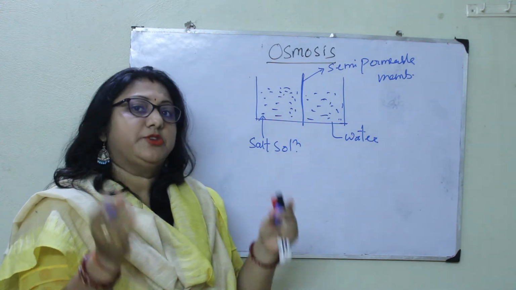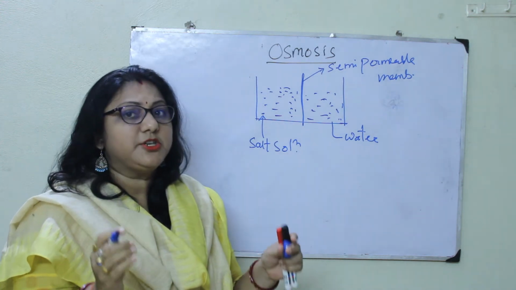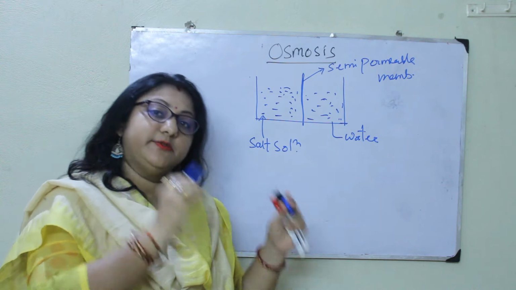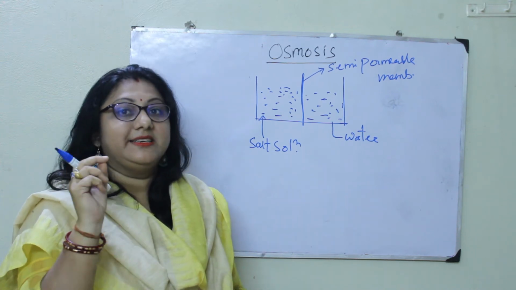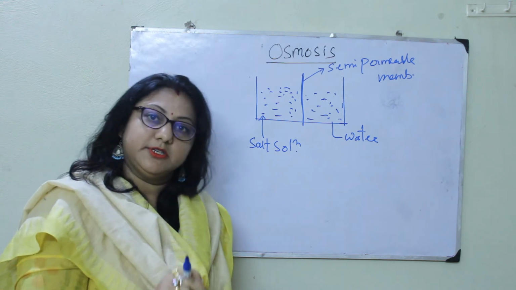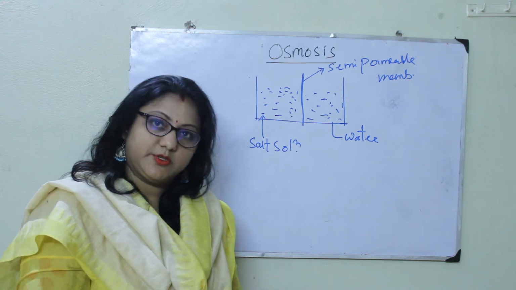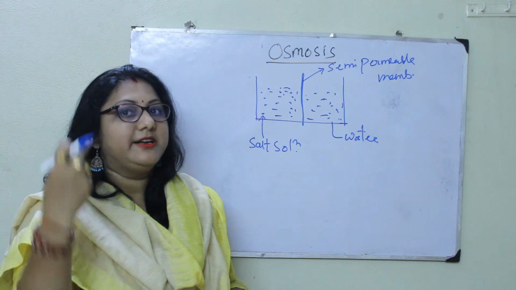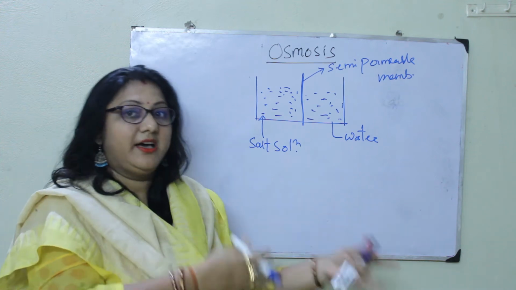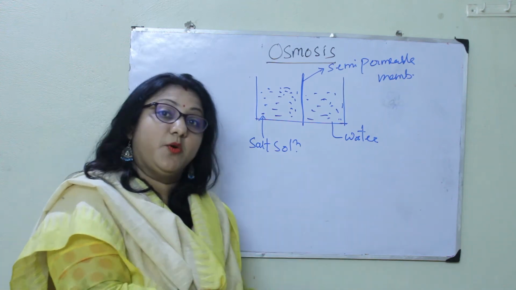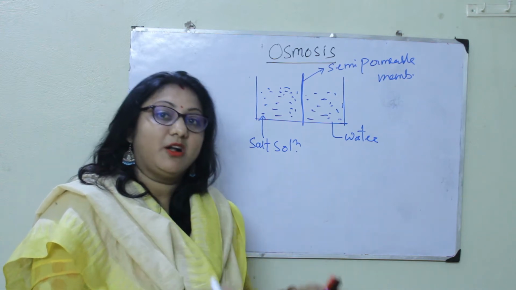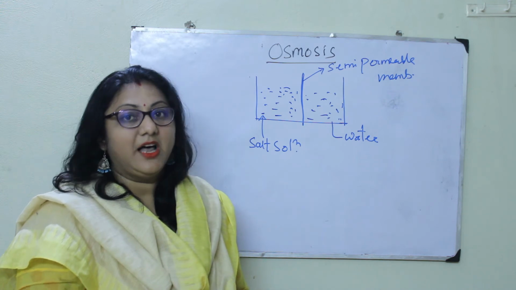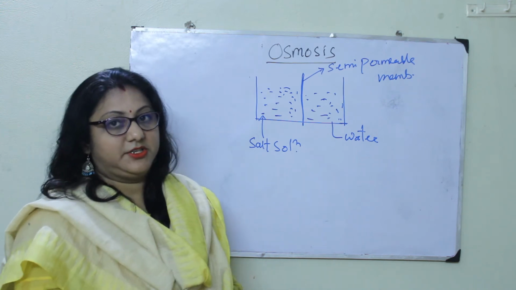Then what is going to happen for the movement of water molecule, or for the diffusion of water molecule? Now the diffusion of water molecule is termed as the osmosis process. Now what does osmosis say? The water molecule will diffuse from its higher concentration area to its low concentration area. That means the water's higher concentration area to water's low concentration area.